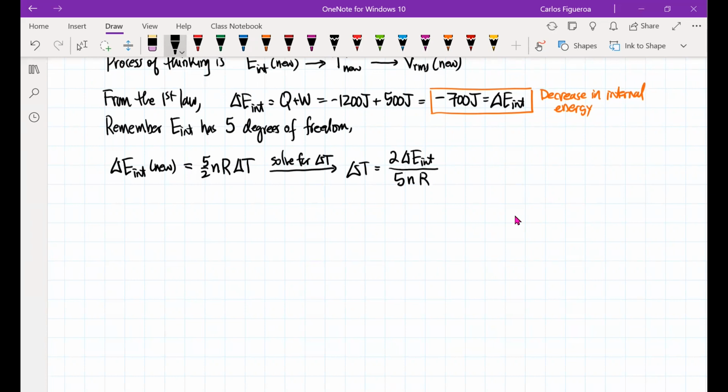Now, we already know that this is negative, so I'm just going to put that negative in there by hand.